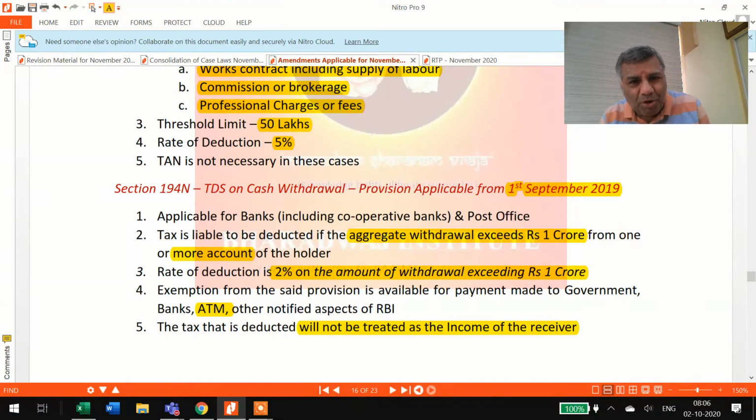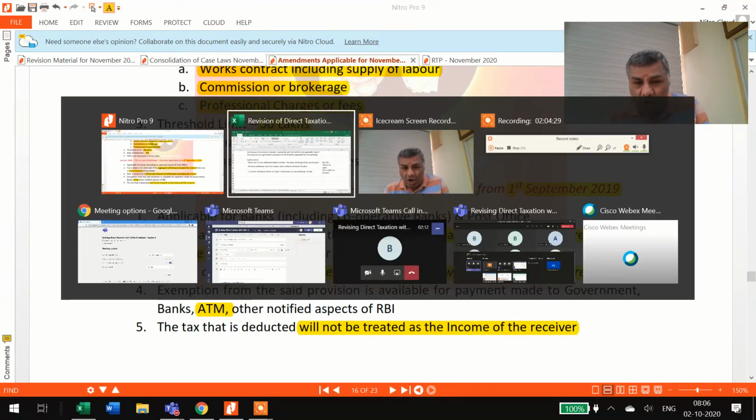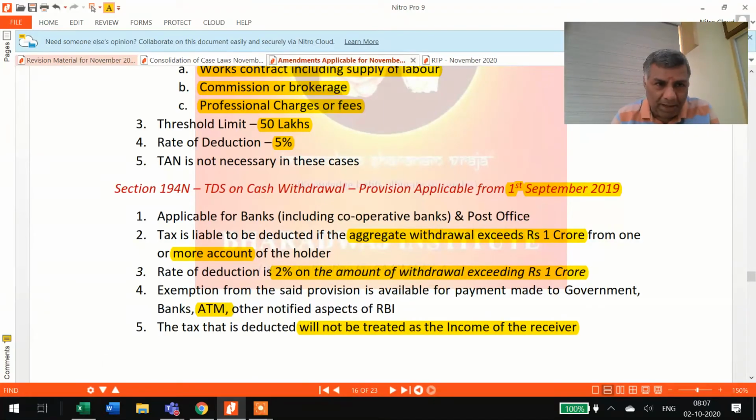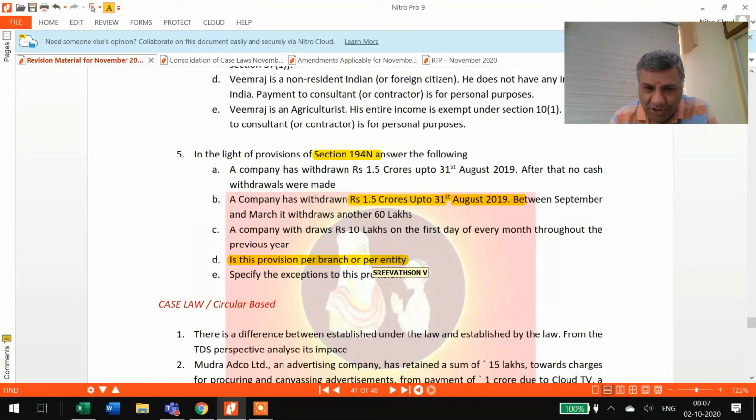Other than that, they are the same. So if the aggregate withdrawal is more than the limit, it is not per branch of the entity, it is per entity.